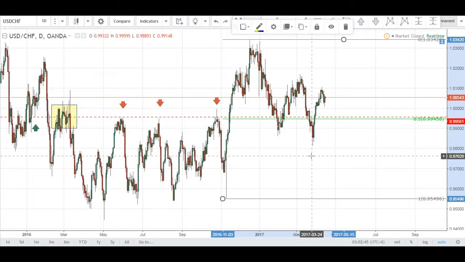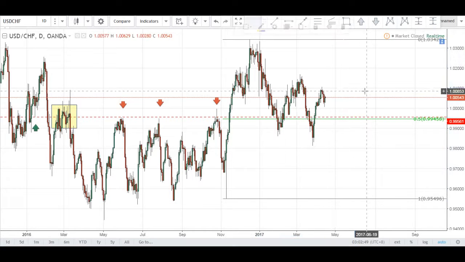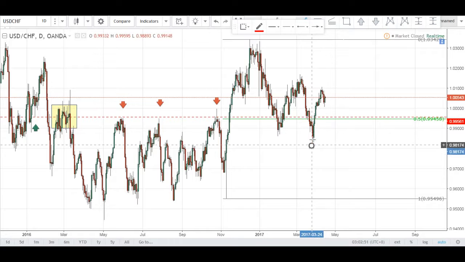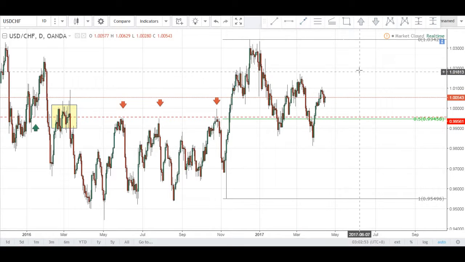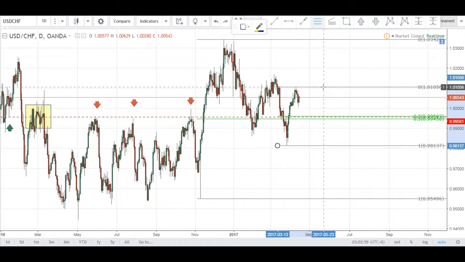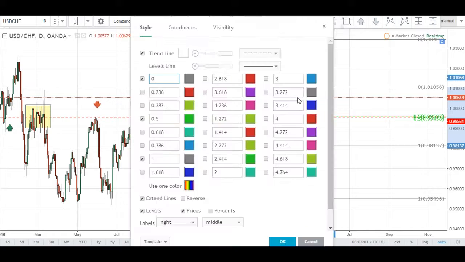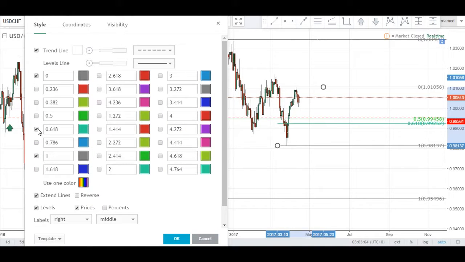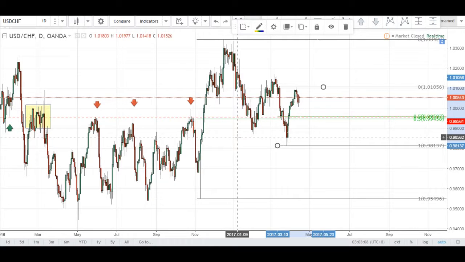The next thing we want to look at is a Fibonacci retracement of the nearest swing. The most recent swing would be this swing low to swing high. If we use a Fibonacci retracement of that, we potentially get a 0.618 level, also with that previous 0.5 level. 0.5 isn't a true Fibonacci level.